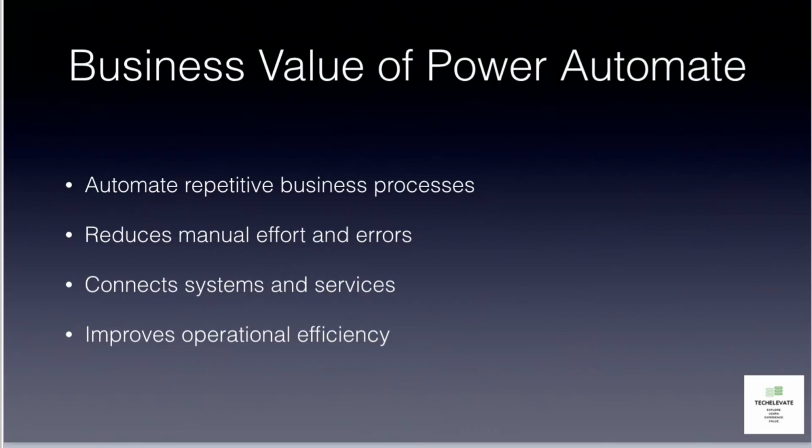Business value number four, integration across systems and services. Power Automate connects to hundreds of services through built-in connectors. These include Microsoft 365, Dynamics 365, SharePoint, Dataverse, and third-party applications like Salesforce, Twitter, and Dropbox.